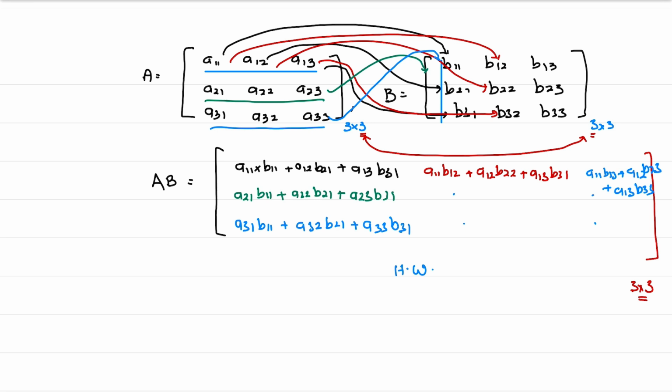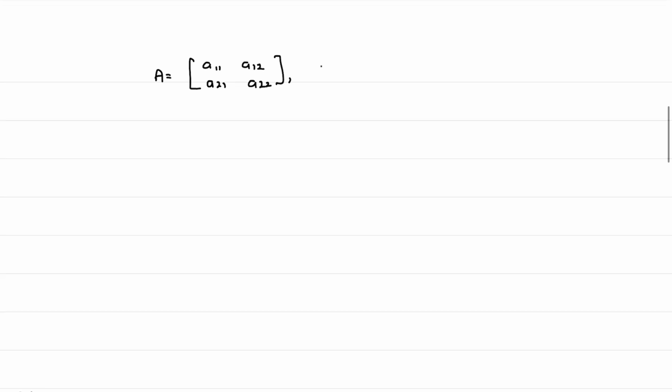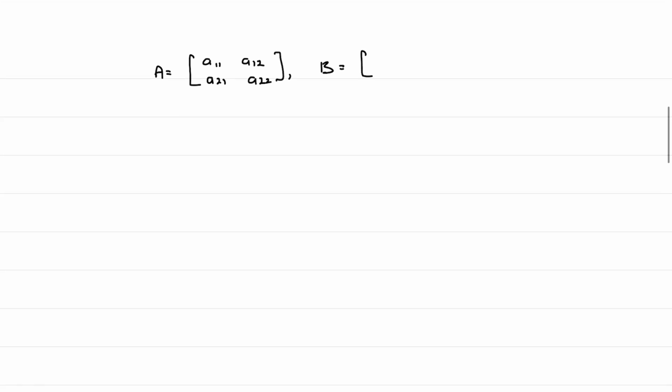Now, we'll take a simpler case, 2 by 2 matrix. Let A be A11, A12, A21, A22. B is equal to B11, B12, B21, B22. Then what is A into B?